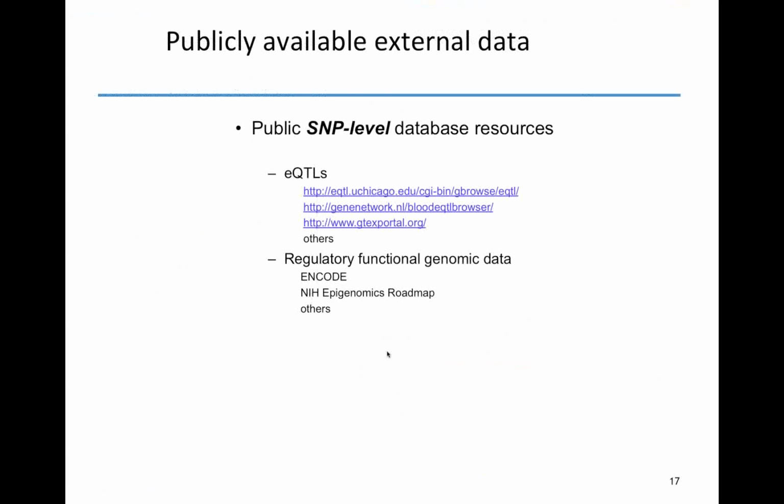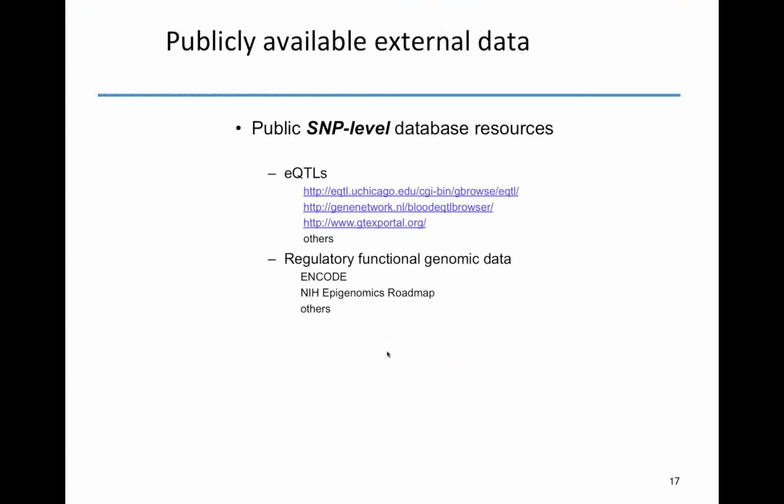So there's lots of eQTL data that are publicly available. We have these browsers. I've used the University of Chicago browser a lot. This is an interesting browser, genenetwork.nl, that was put together by Lude Franke, and it's based on a meta-analysis of many studies involving a total of about 8,000 samples.